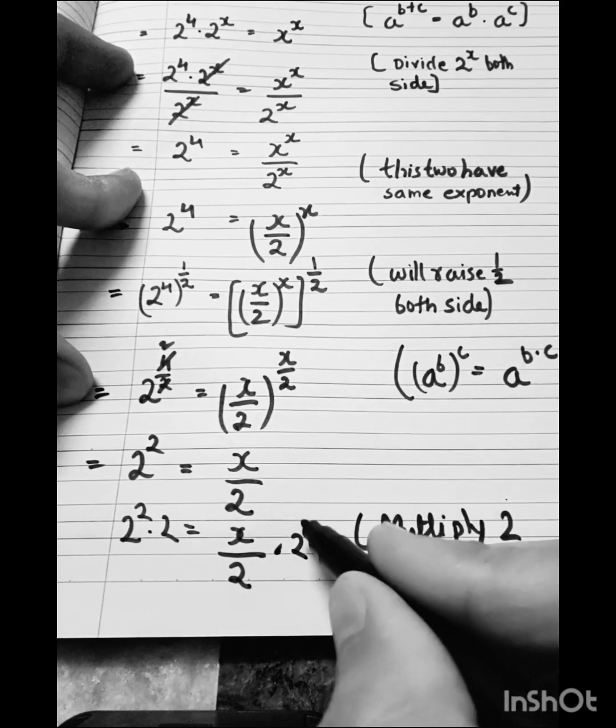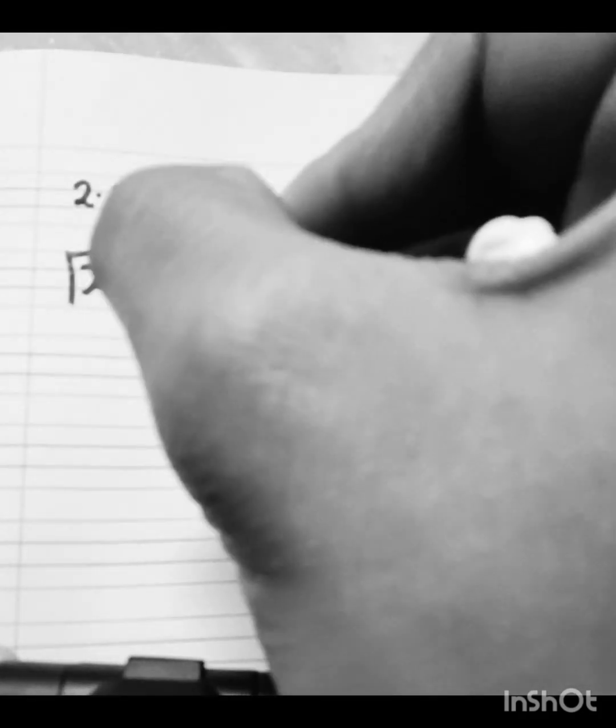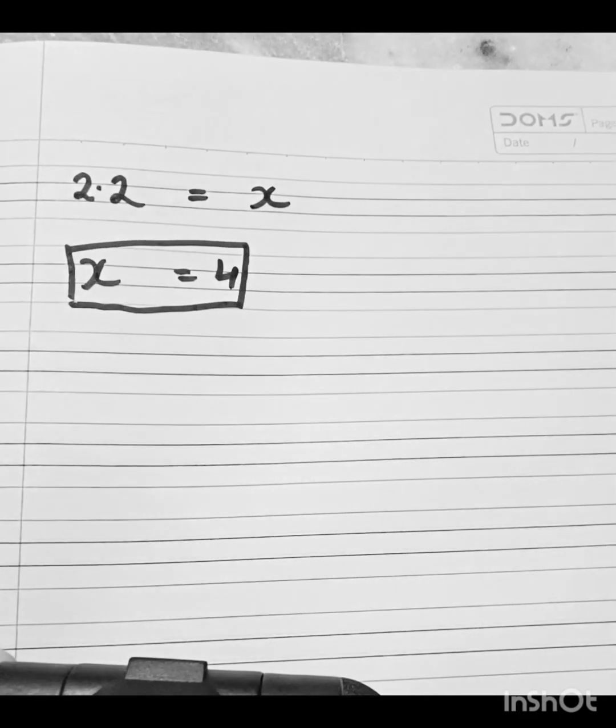Here 2 will cancel with 2. So we get 2 into 2 equals x. So x equals 4. We have got the value of x: x equals 4.